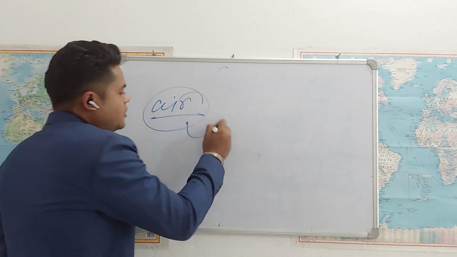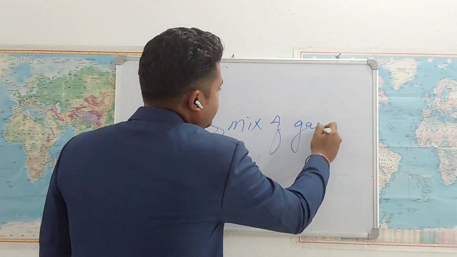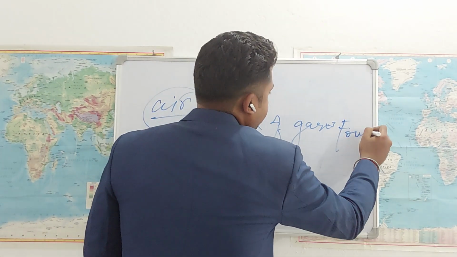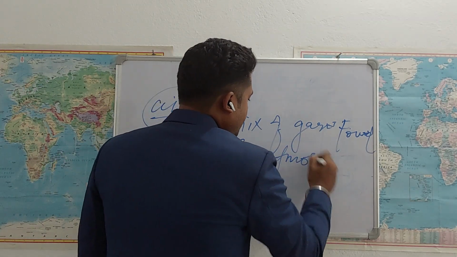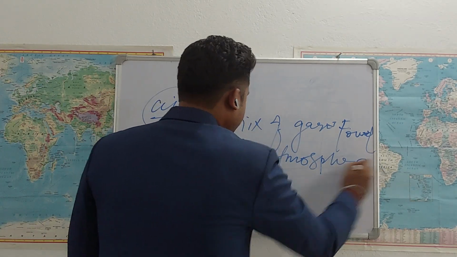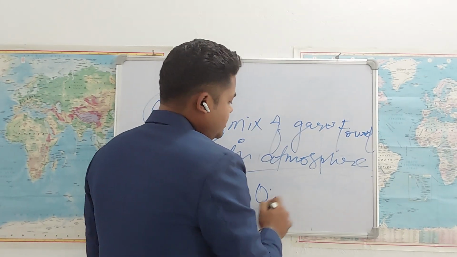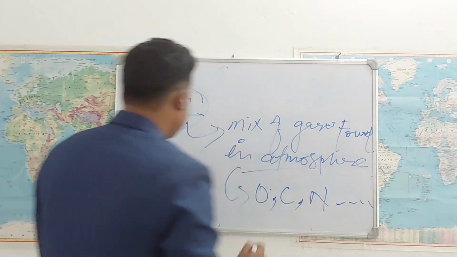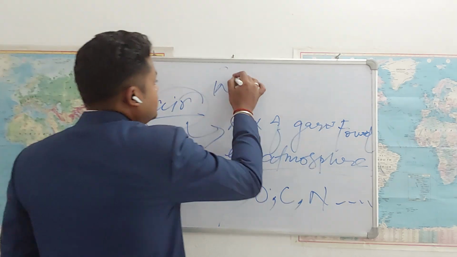From the definition we know that this is a mixture of different kinds of gases found in the atmosphere. What kind of gases? There is oxygen, of course, you know that, carbon, then comes nitrogen, etc. So this is air.